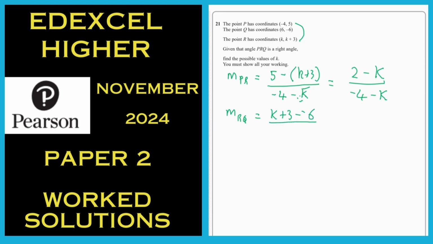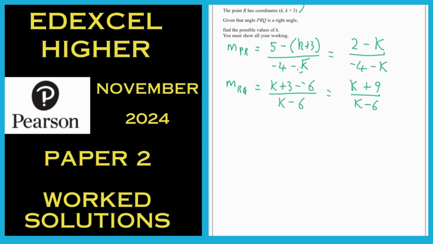Again, we'll tidy it up in a bit. On the bottom, the X coordinate of R is K, and we subtract the positive 6. And again, let's tidy up. K plus 9 over K minus 6.